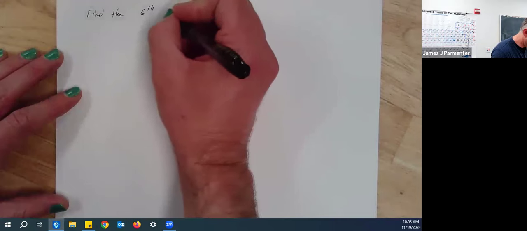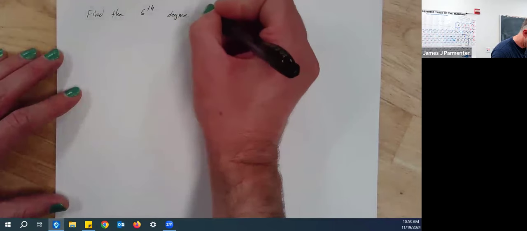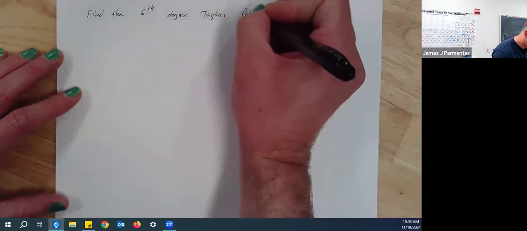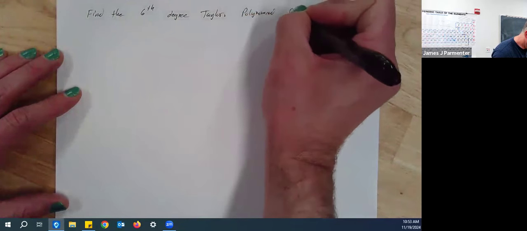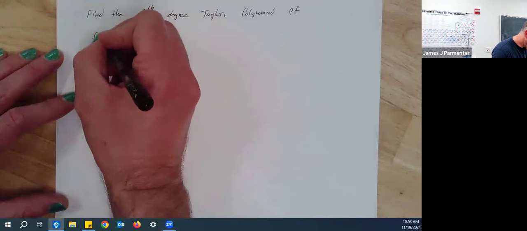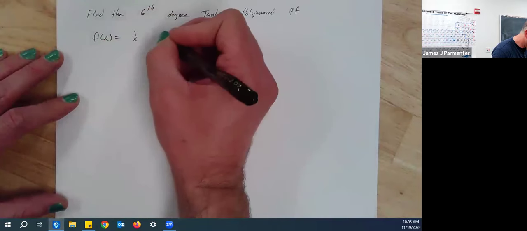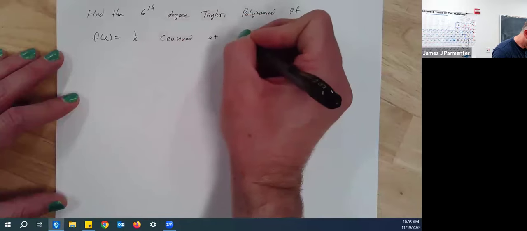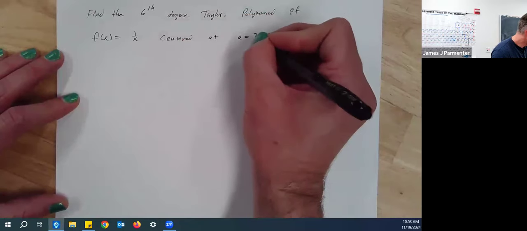Let's find the 6th degree Taylor polynomial of f of x equal to 1 over x centered at a equal to 3.